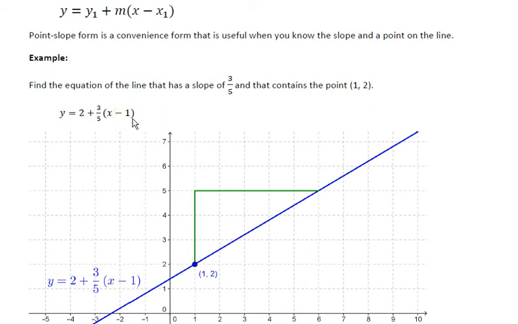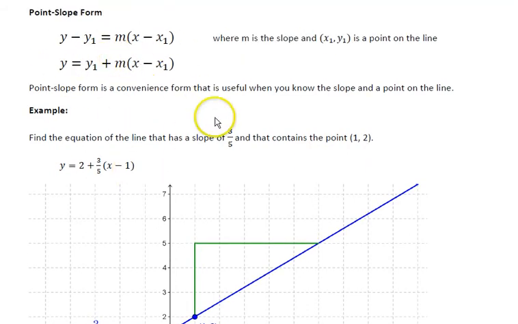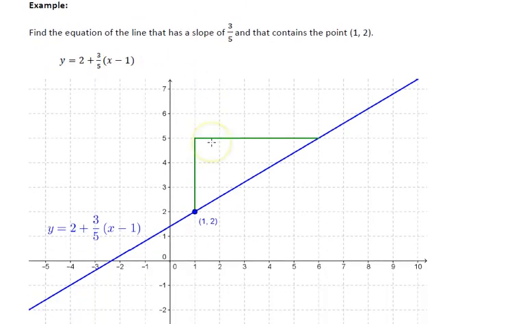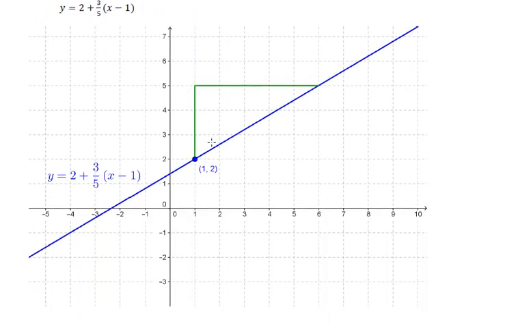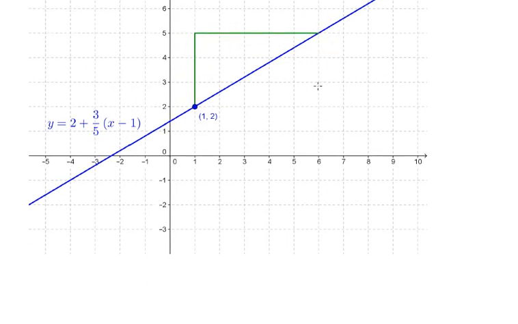Using the second form, we get y equals 2 plus 3/5 times x minus 1. Looking at the graph of the line, we'll notice that the point (1, 2) is on the line, and with a 3/5 slope from that point, we can rise and run and see another point on the line.